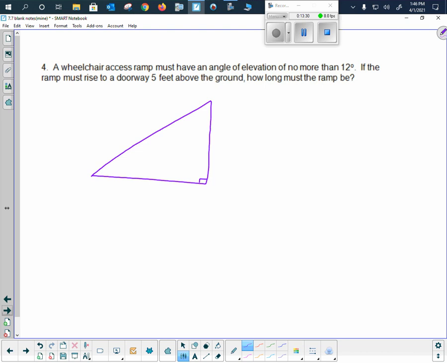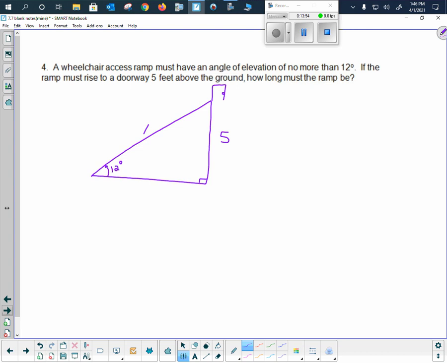Okay, so wheelchair access ramp must have an angle of elevation of no more than 12. Well, the only angle of elevation I see in this picture from a horizontal line up to something is 12 degrees, is right there. So this is your door, right? There's your little handle. And it says, I want to know that that door is 5 feet off the ground.